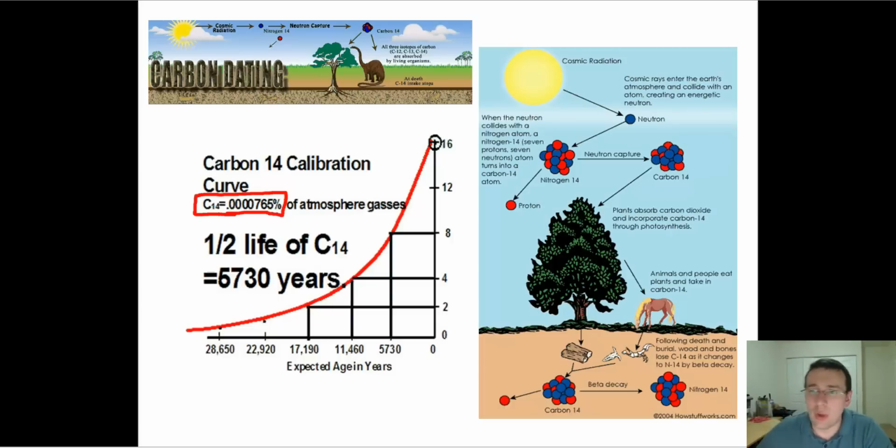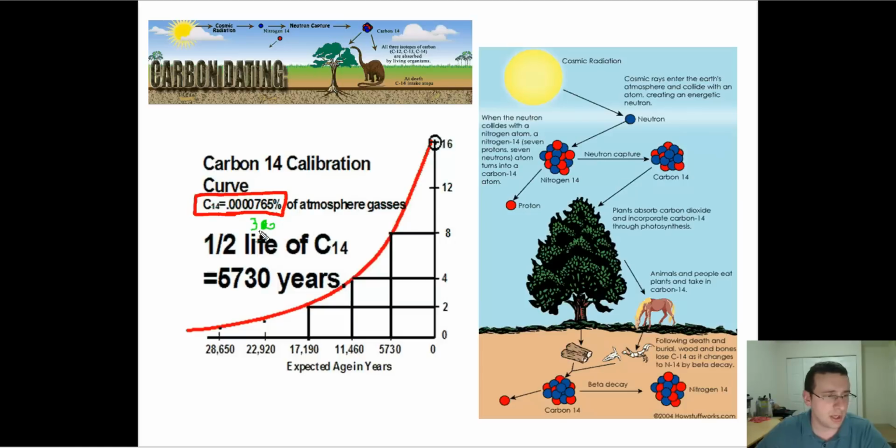Now, after you die, though, you stop consuming the carbon-14 that's going to be around, and so you're no longer going to be adding carbon-14 to the body that's now a carcass, which means that as you become a carcass, you're no longer going to increase the number of carbon-14. It's only going to decrease as it decays. So if you find like a body and you see that it has about half the carbon-14 that it should have, in other words, it only has about 300 some on this number here, okay?